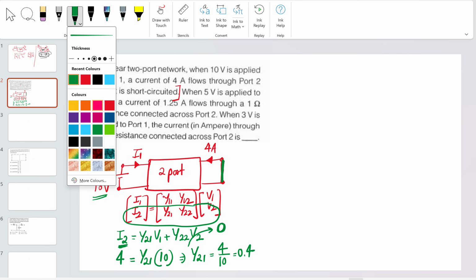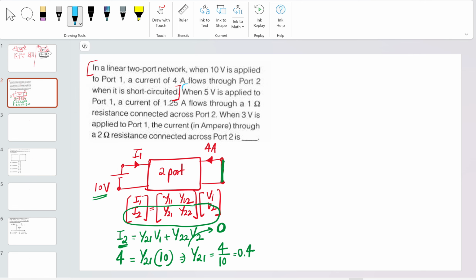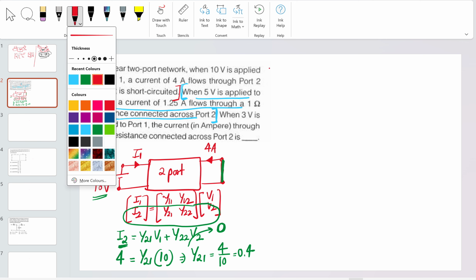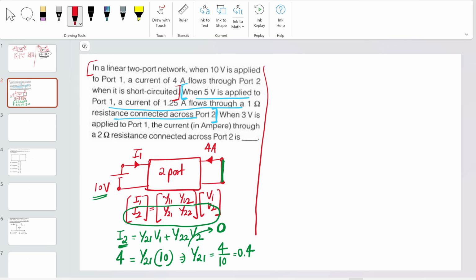Let me take the second part, from here till here. If you bifurcate it and see the second part of the paragraph, it is written that you have the two-port network here. When 5 volt is applied at port 1, it means the 5 volt has been applied here.